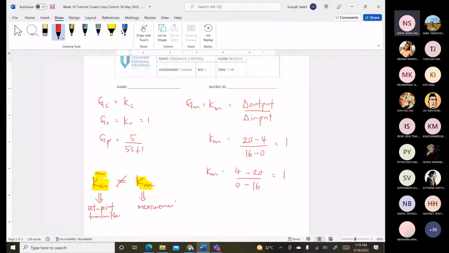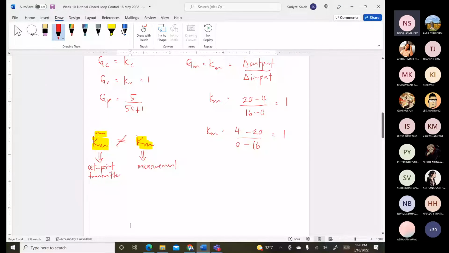So it's a different thing. Please do not assume your KM bar is equal to KM. Normally, in some cases we provide the same value, but in this case the term is different. One for the set point transmitter and another one for your measurement.